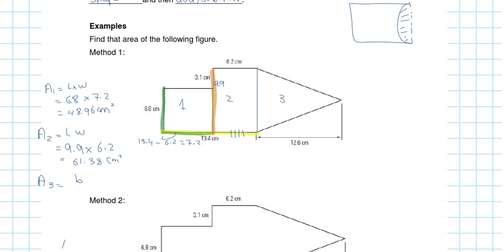Your height is 12.6. So your base is 9.9 because that matches the side of the other triangle. So 9.9 times 12.6, divide that by 2. What do we get? I have 62.37.